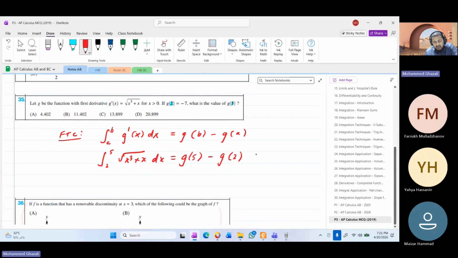But g of 2 is already -7, so minus -7 will give us +7. Take the +7 onto the other side and we subtract. So g of 5 is equal to -7 plus the integral from 2 to 5 of the cube root of x cubed plus x dx. You're not going to waste your time integrating that.